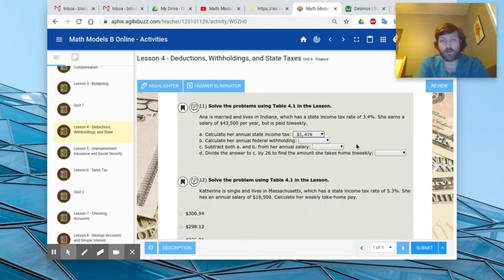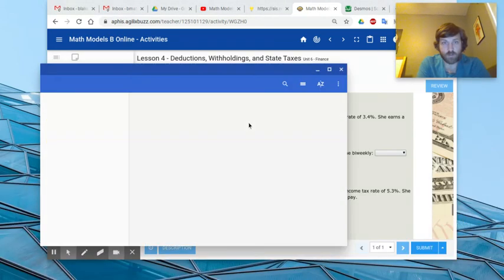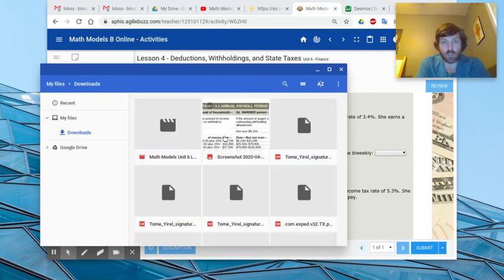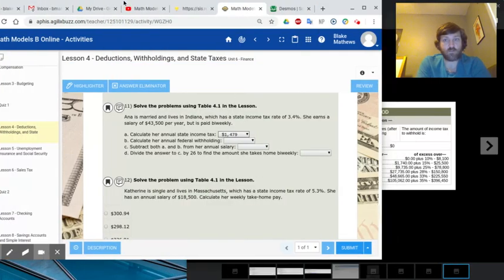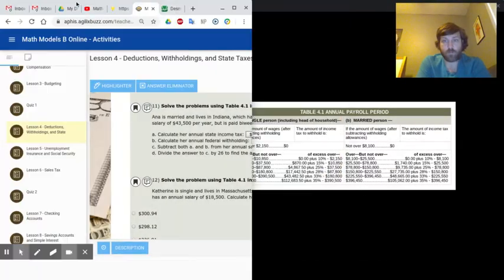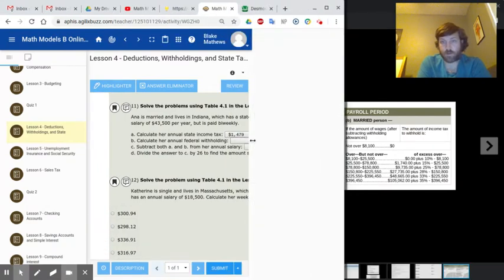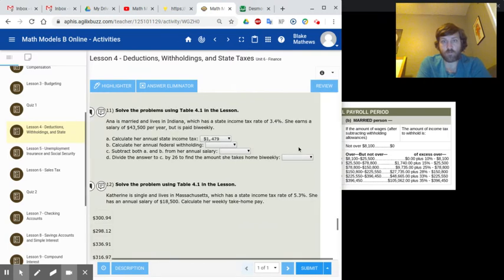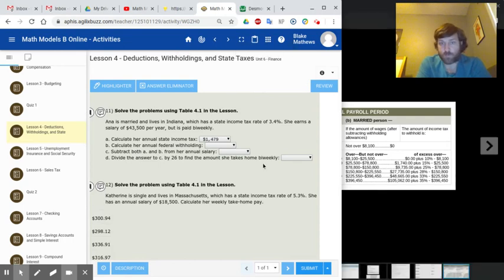Federal withholding. Now, if you remember, I'm going to have to find this file real quick. Sorry about that. I saved it as an image, so I wouldn't have to do this again. There it is. Let's move this over so it's right there. All right, she's married.